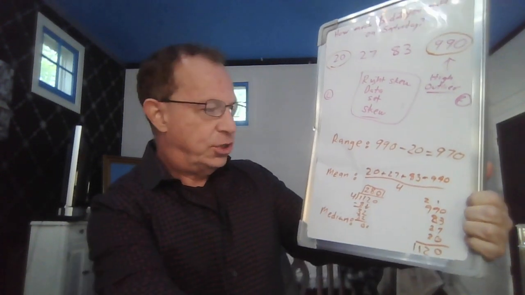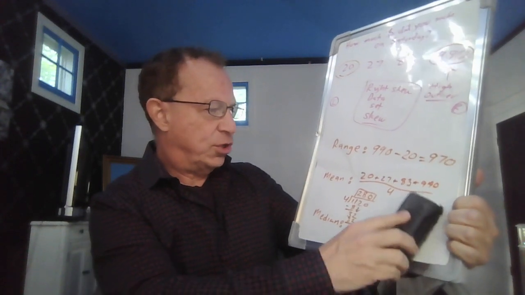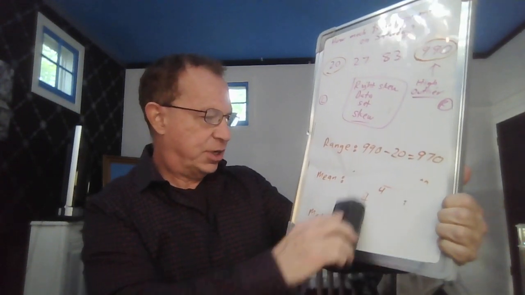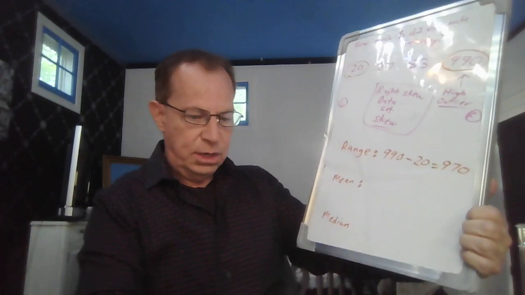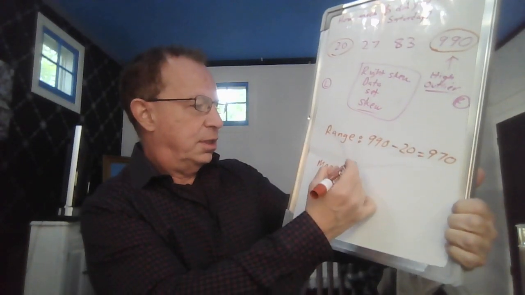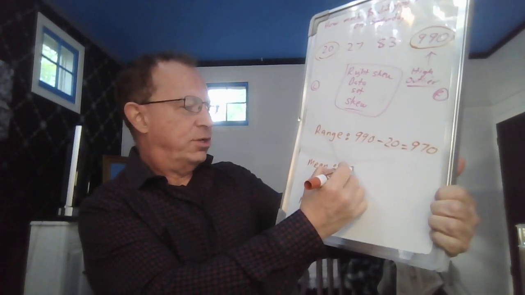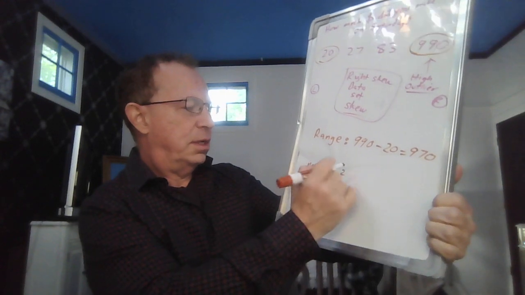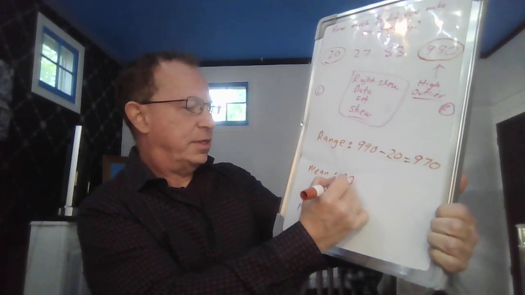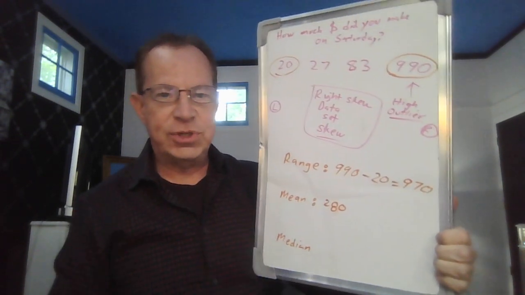Okay? So I'm going to erase all this other stuff here, and I'm just going to put down our finding, which was, what did we say? 280, correct? So 280 was our mean.